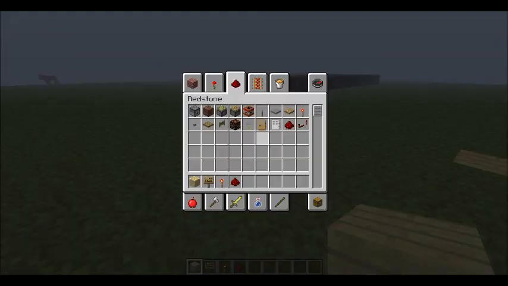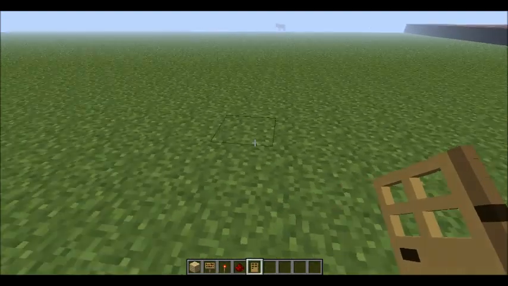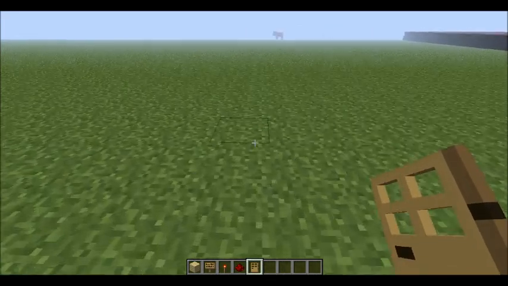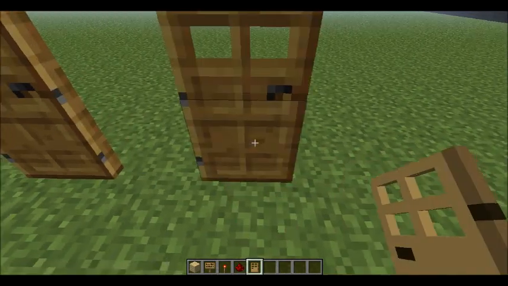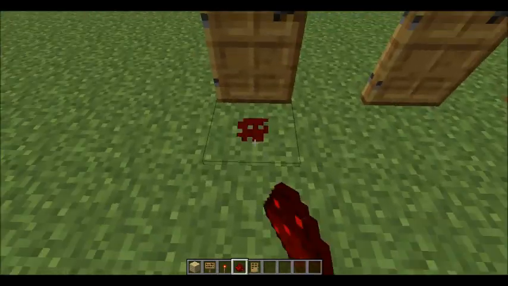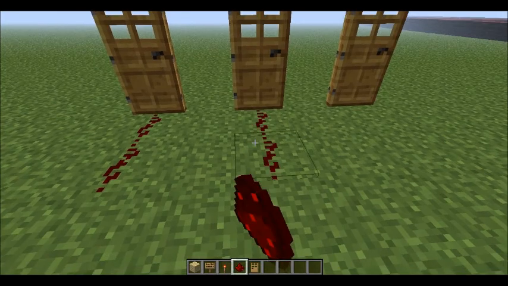So I'm going to get a door. We're going to make a 3-digit number in binary. Now all of these doors are closed.